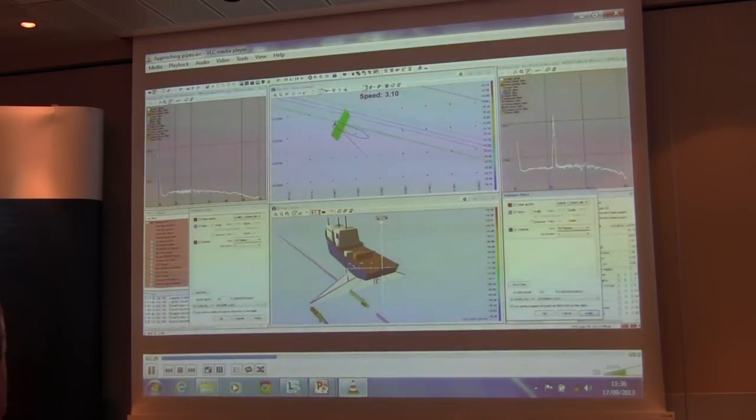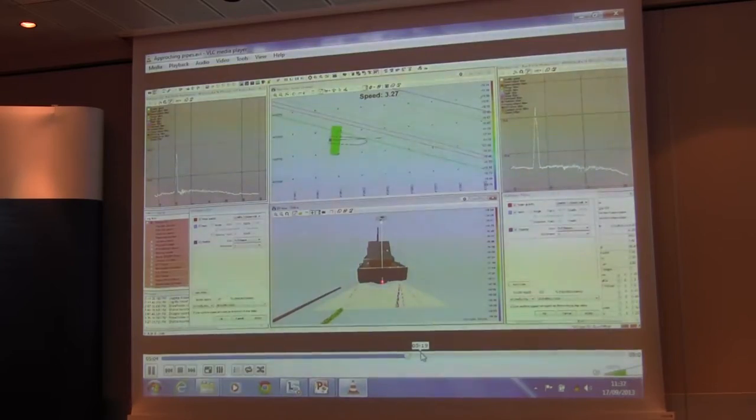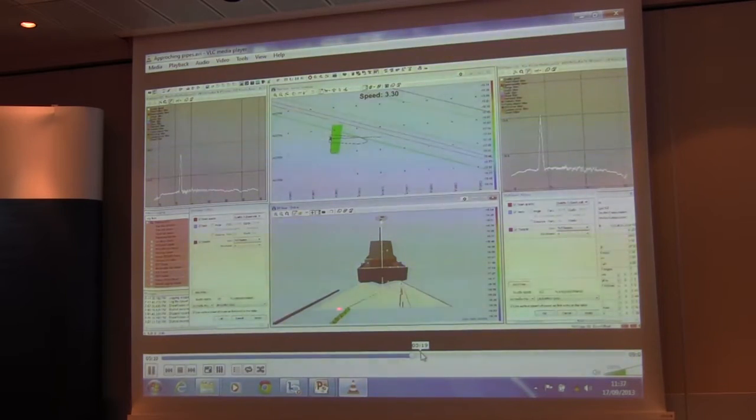So it had done this line before, it just went back online, so that's why you're seeing this purple line here. That was the previous pipeline route that it detected. So again, here you can see both swaths from both heads, and then the detections from each head, making up the pipeline.